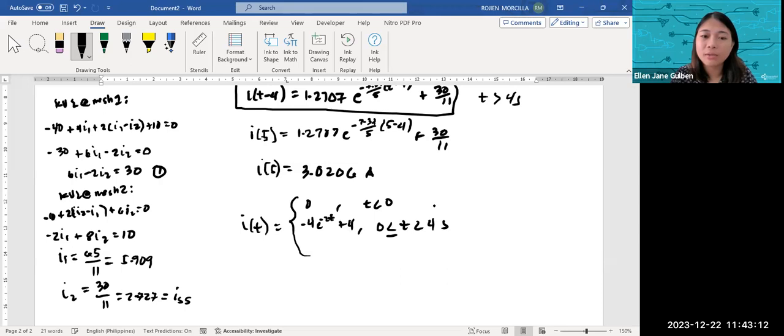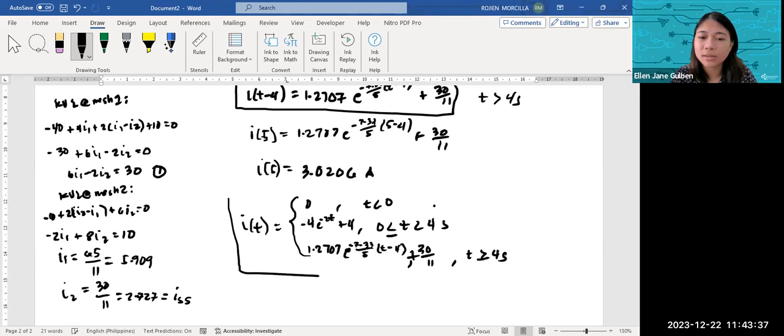And then we have 1.2707 e to the negative 7.33 over 5 t minus 4 plus 30 over 11 at t greater than 4 seconds.